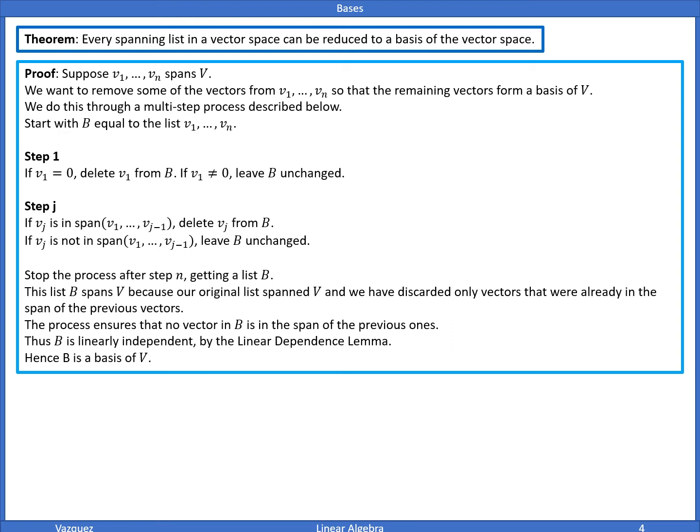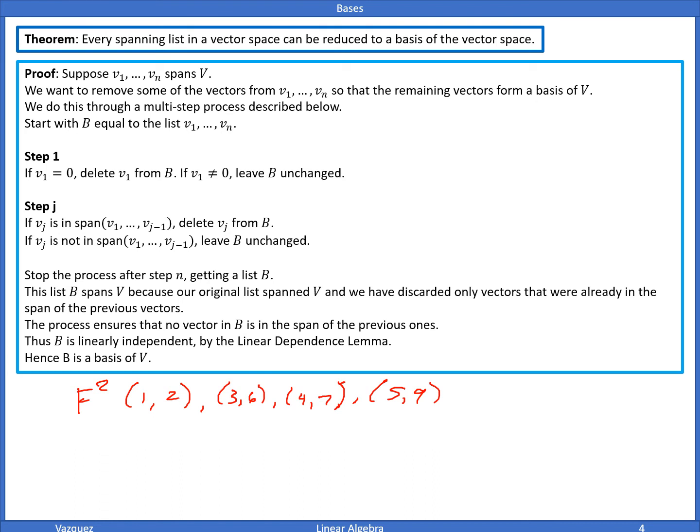And so, for example, in F2, when we had the list (1, 2), (3, 6), (4, 7), (5, 9), well, we know that we only need 2 vectors to span F2, so we can take 2 of these out.